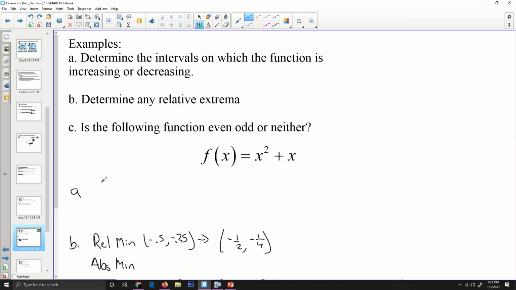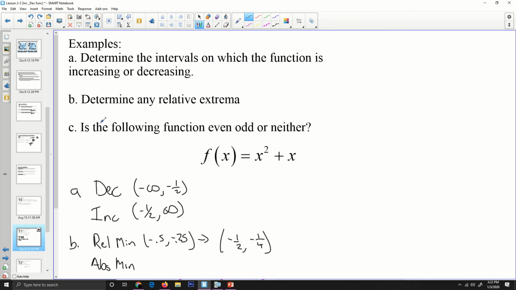So we can say that this function is decreasing on the open interval from negative infinity to negative 1/2, and then it is increasing from negative 1/2 to positive infinity. I apologize, I screwed that up at first. I'm sure you guys saw my mistake right away.